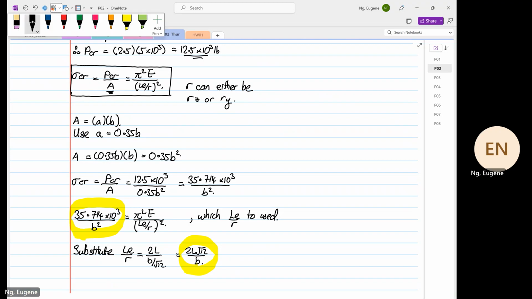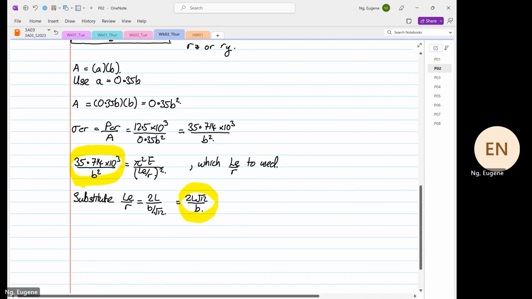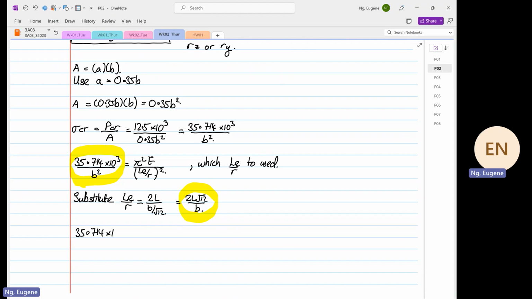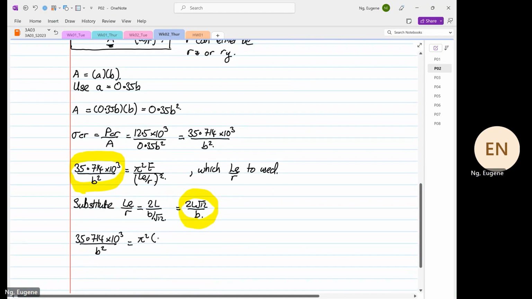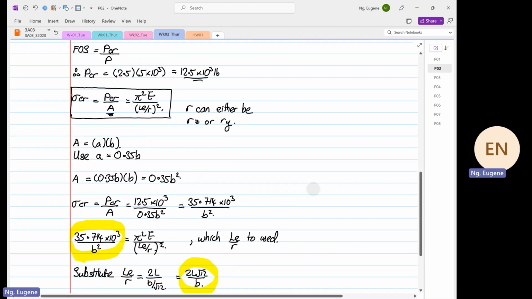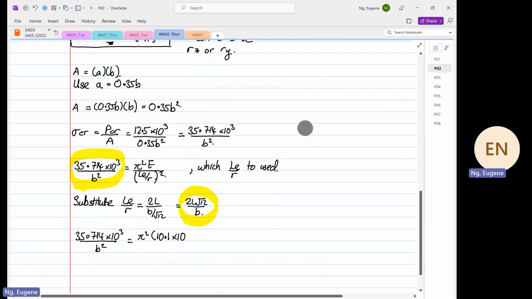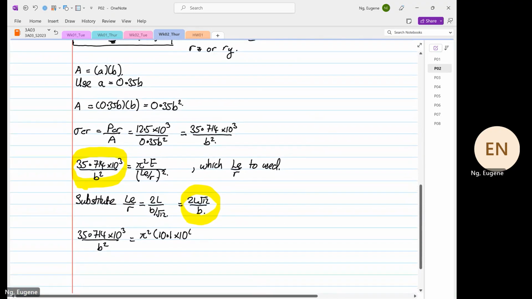So from here, we have 35.714 times 10 to the power 3 over b squared, and this is equal to pi squared. We know our Young's modulus, 10.1 times 10 to the power, I can't remember now, 10 to the power 6, right?